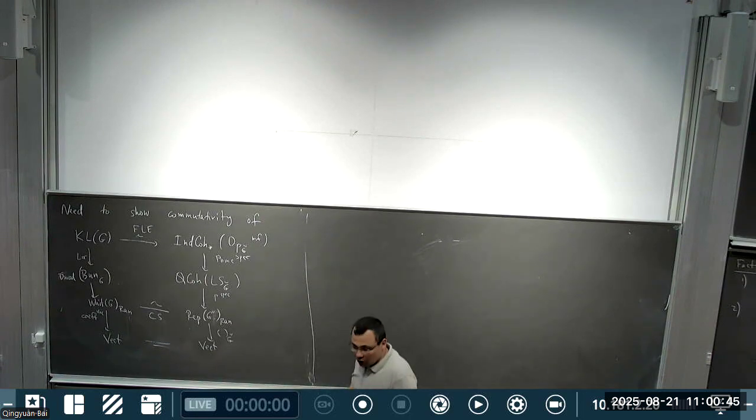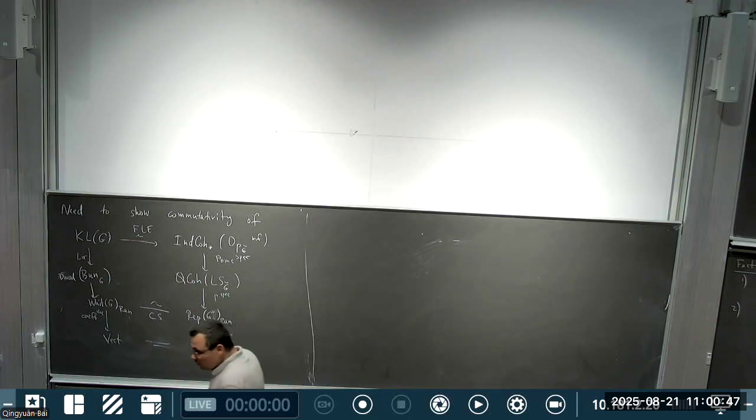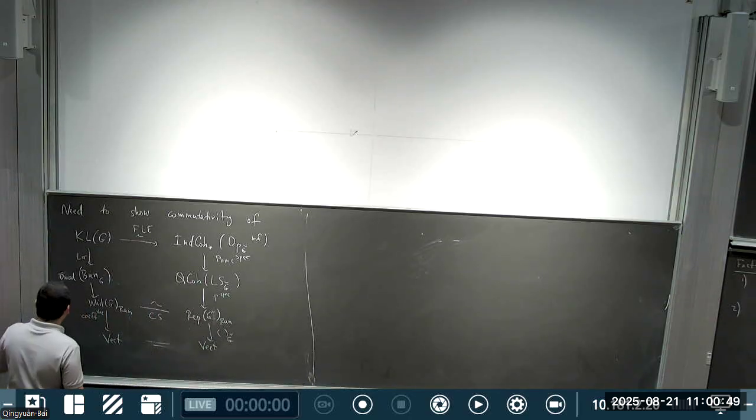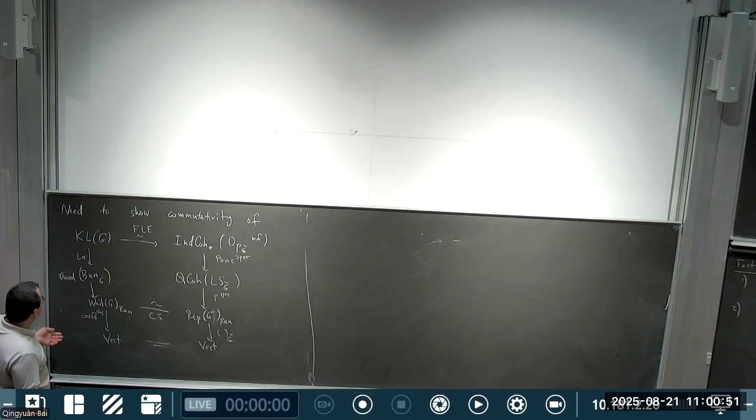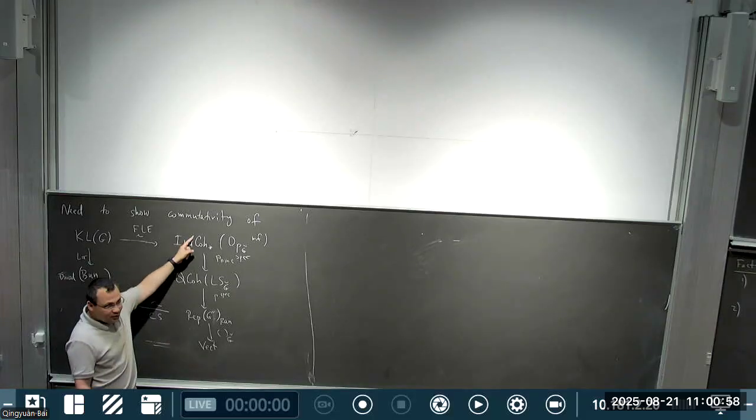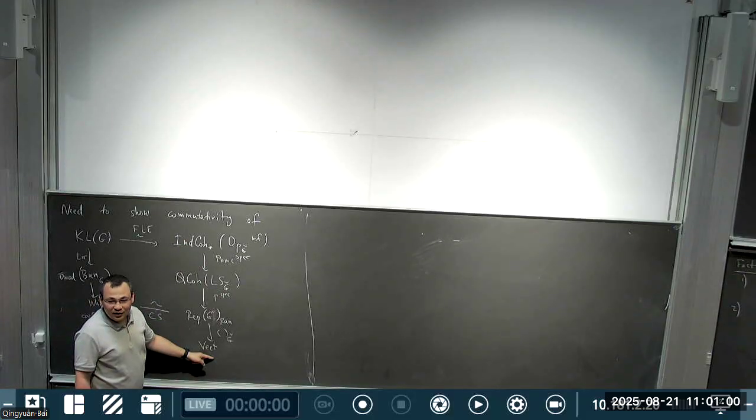But now we're in great shape, precisely because Lin told us what this composite is in local to global terms, and Kevin told us what this composite is in local to global terms. So let's compare them.